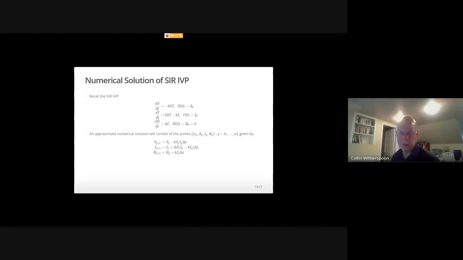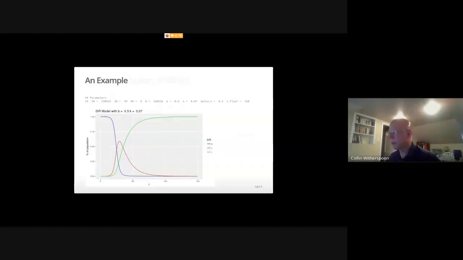Euler's method is one of the simplest, and depending on what you think the curve looks like, it can be extremely accurate, as accurate as the fourth order Runge-Kutta method, which is the most commonly used method in numerical processes. It can be extremely accurate, especially if you keep your delta t pretty small, and it's one of the simplest methods to implement. But we could use any method we want, really.